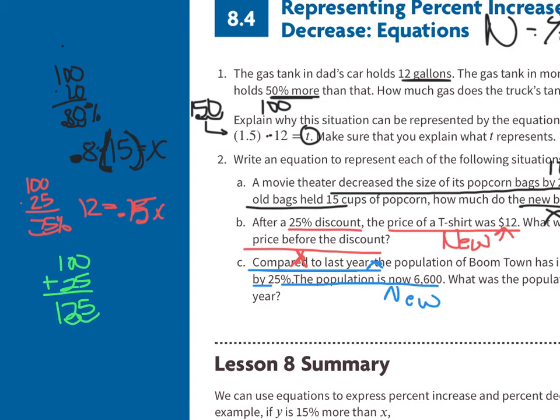Move it over twice, it's 1.25. So we're going to go 1.25 times the original amount, x. That equals the new one, which is 6,600. Okay, so let me rewrite that so it's a little better. 6,600 equals 1.25x.